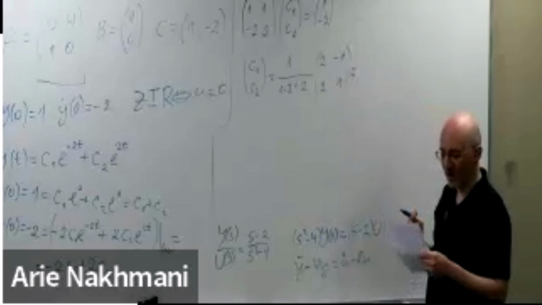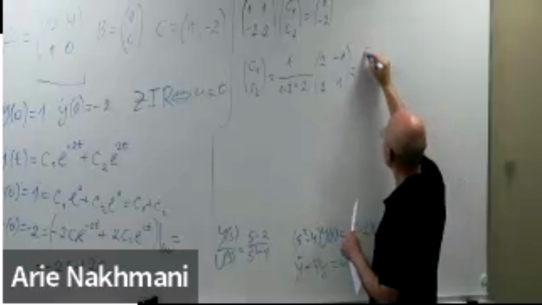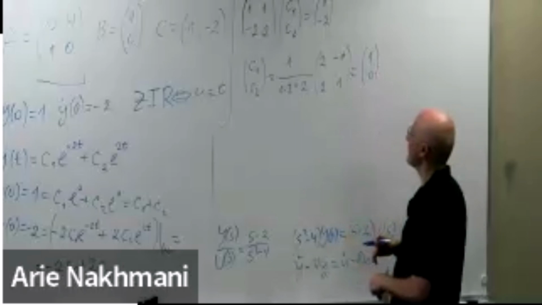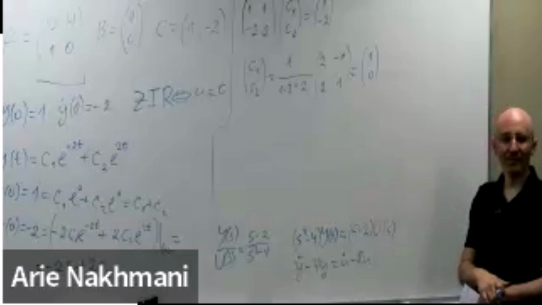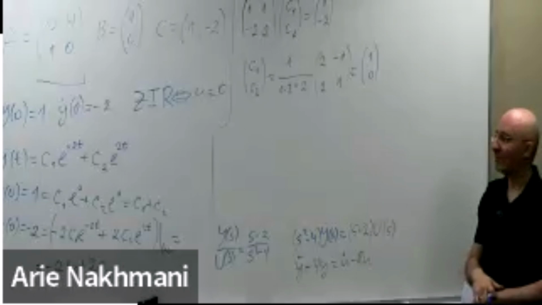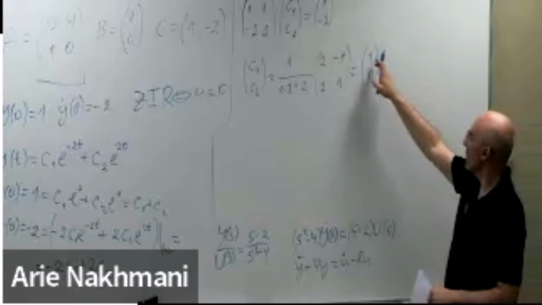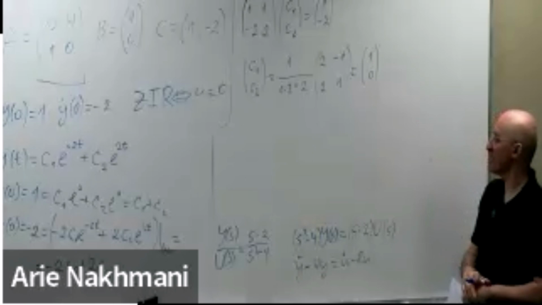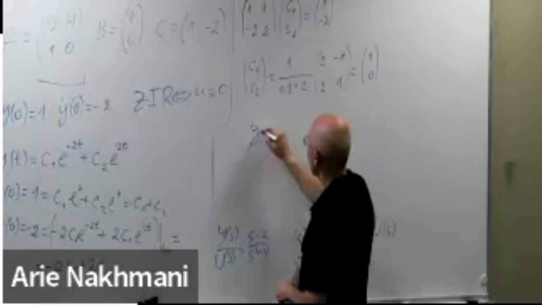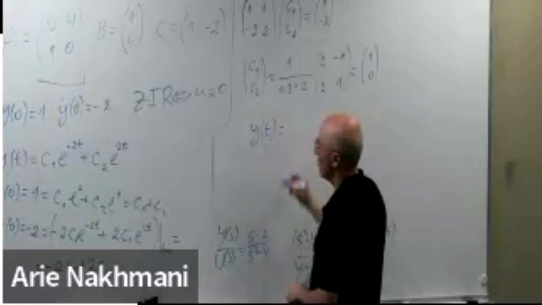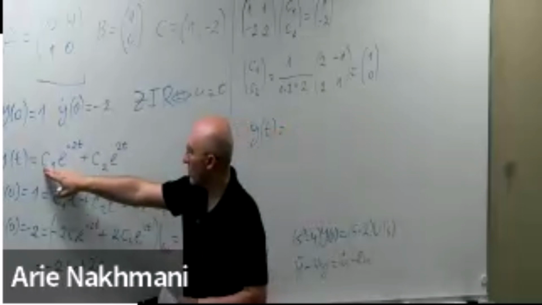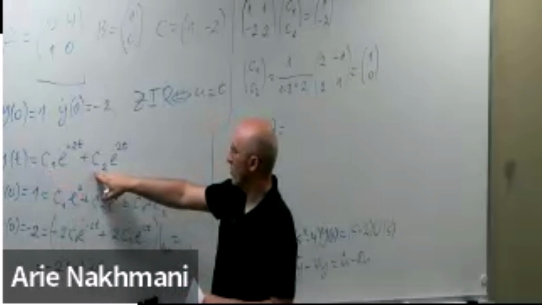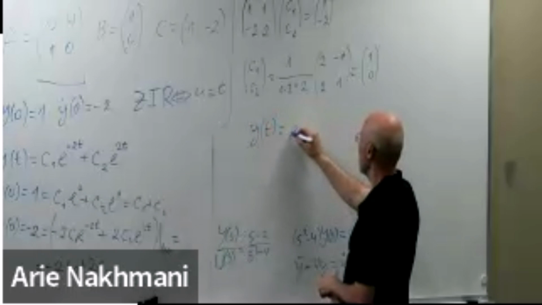When you multiply all of that, what you should get is 1, 0. Okay. So c1 equals 1, c2 equals 0. So what is y? This is what I want to find, right? So the solution is done.